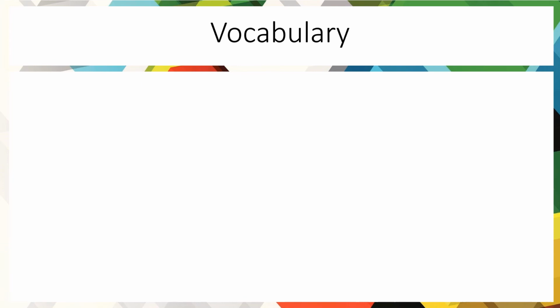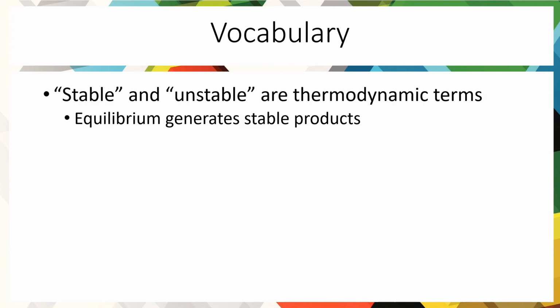So before we go on, we need to identify some vocabulary for kinetics, and this is very easily confused, and I will probably mix it up sometimes when I'm talking inadvertently. But first of all, we tend to be sloppy with our use of the words stable and unstable. Stable really means thermodynamically stable.